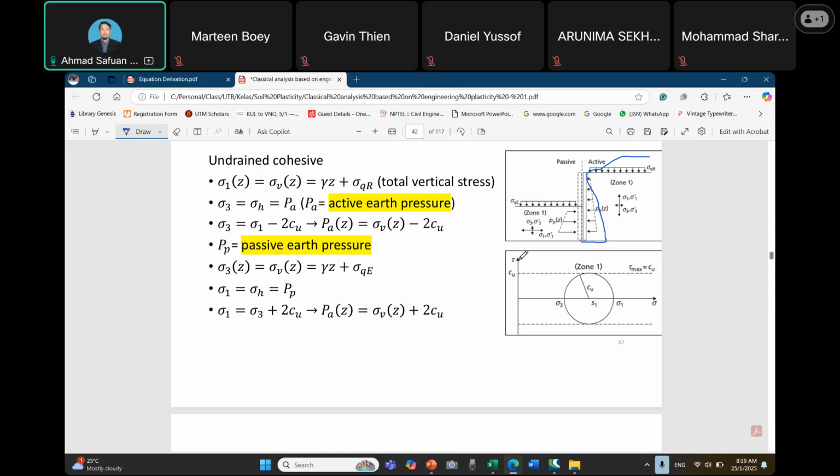When we want to get the active earth pressure, the equation is sigma v, the effective vertical stress, multiplied by the depth, minus 2 Cu.